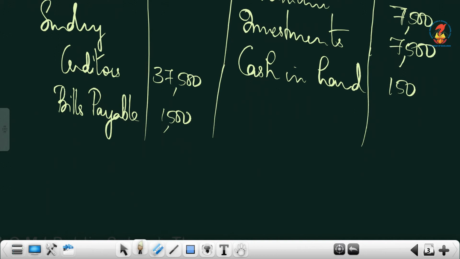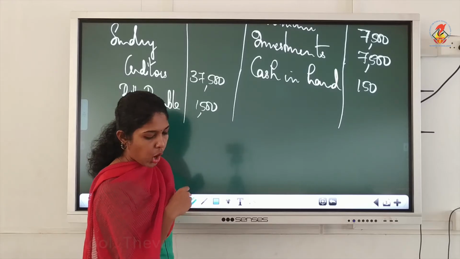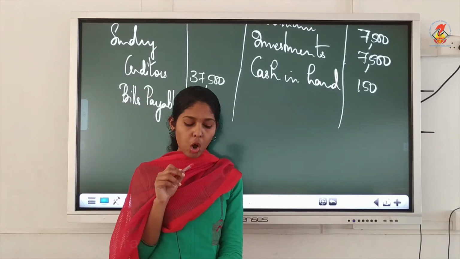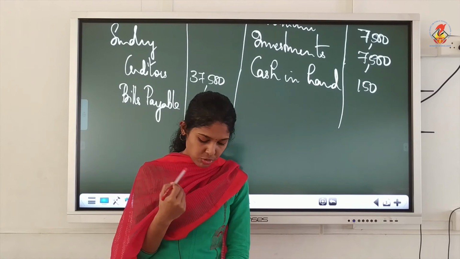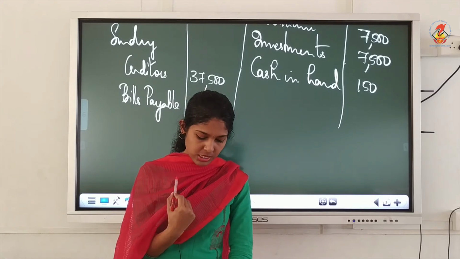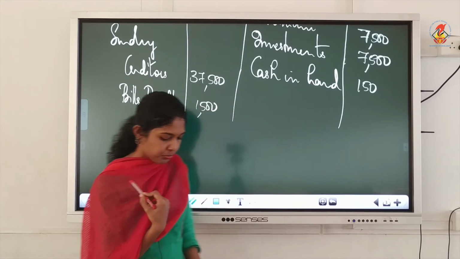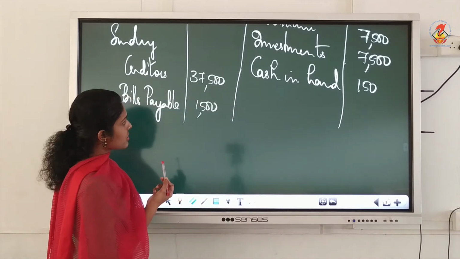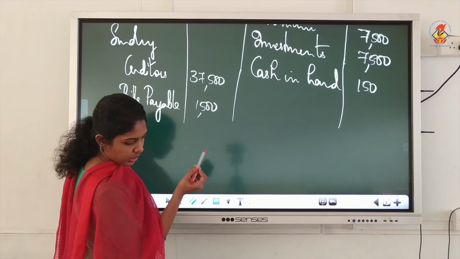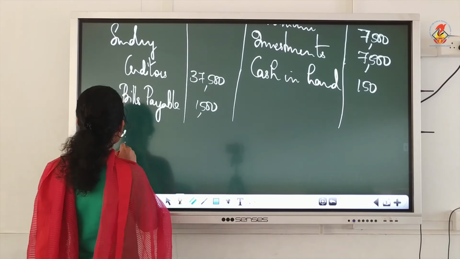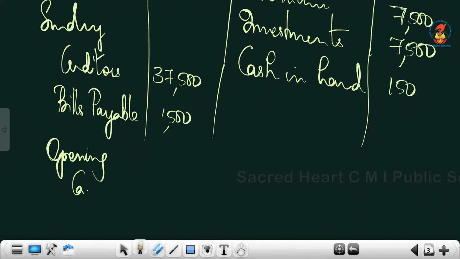Loan from Mr. Faithful. Okay, loan from Mr. Faithful, if you see the opening value, it is nil. So, you don't have to take that. We have only in the closing statement of affairs. Okay. So, the statement of affairs is over now. We can just balance it. We will get the value of opening capital.